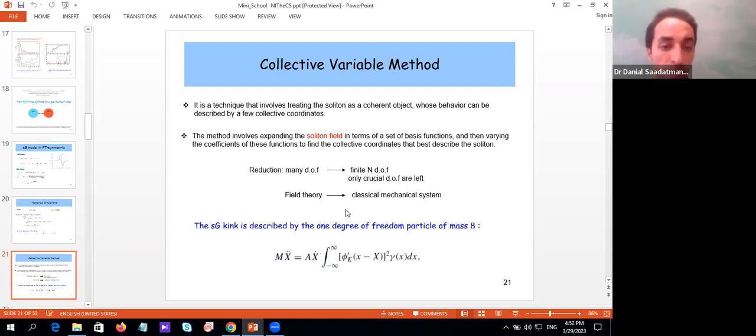For the sine-Gordon model, because it does not have any internal vibrational mode, we can introduce one degree of freedom, which is the position of the kink, and we can extract the equation of motion, as you can see on the screen.